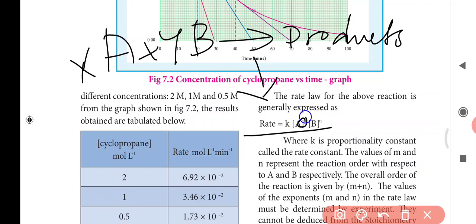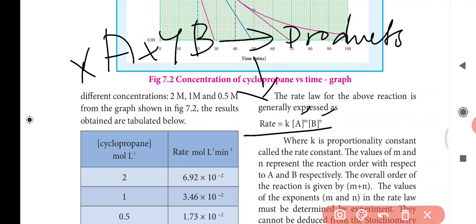Here m and n are called the order of the reaction, and K is nothing but the proportionality constant.